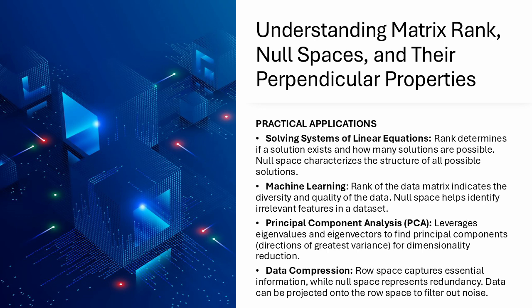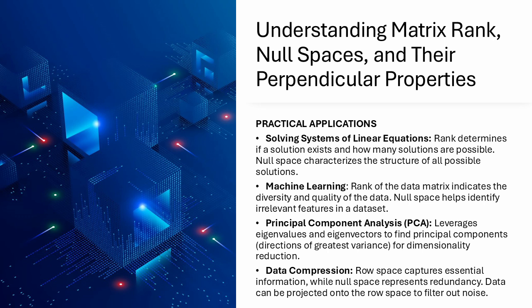So it's like having a map that tells you whether you're on the right track to finding your destination. Right. And how many different routes you might be able to take. And the null space provides a detailed guide to those routes. It describes the structure of all possible solutions, revealing the degrees of freedom you have in finding an answer. It's like having a key that unlocks a hidden door, revealing a whole room full of potential solutions.